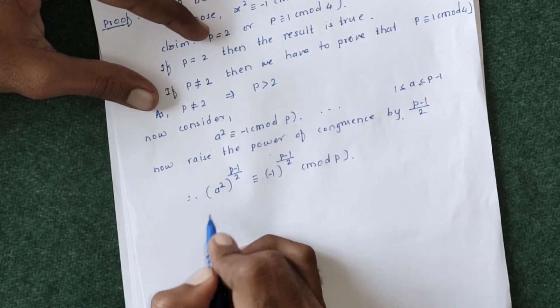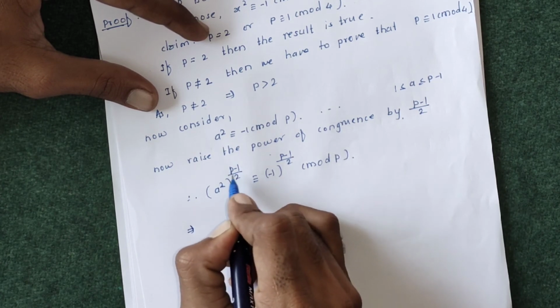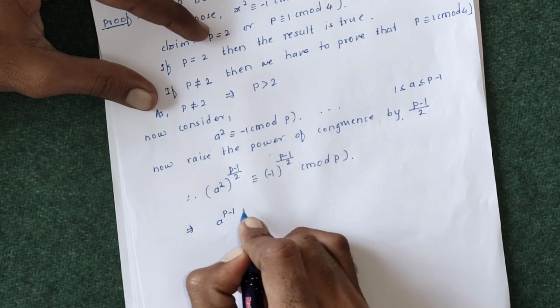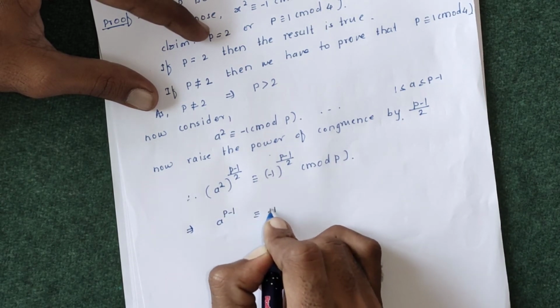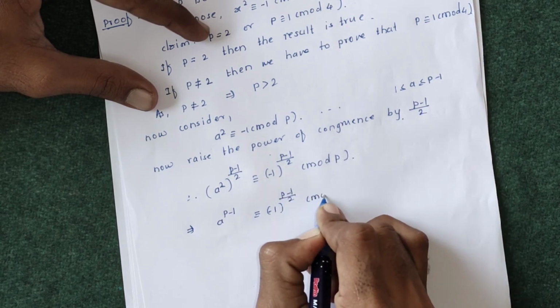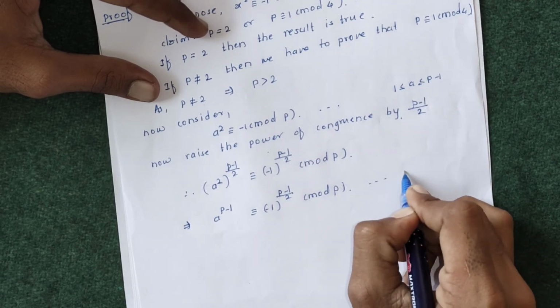Therefore this gives us 2 into p minus 1 by 2, so this 2 gets cancelled. So a raised to p minus 1 is congruent to minus 1 to the power p minus 1 by 2 under modulo p. This is our equation number 1.